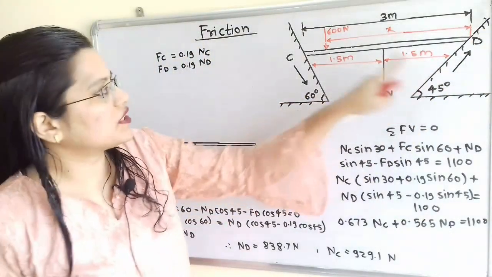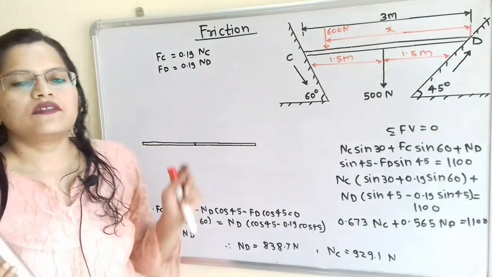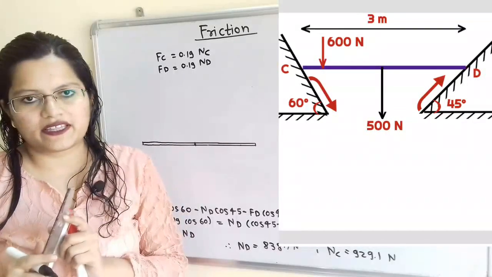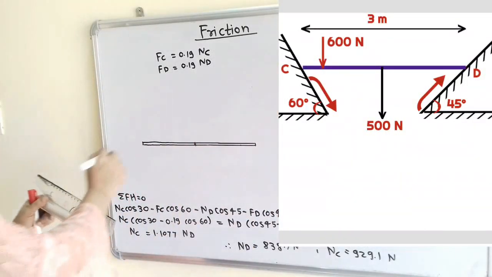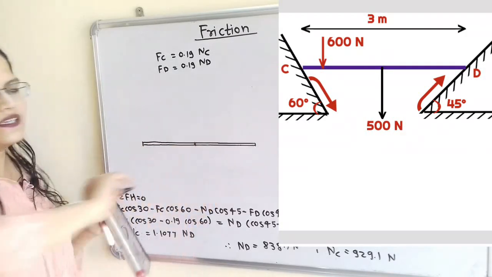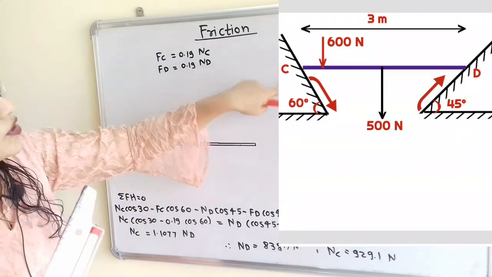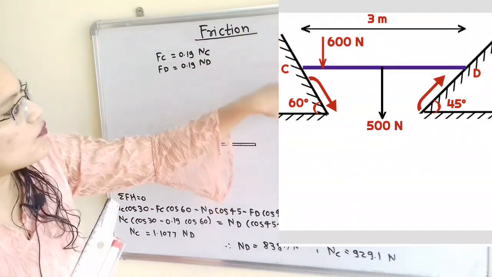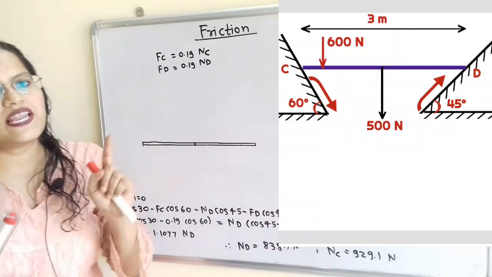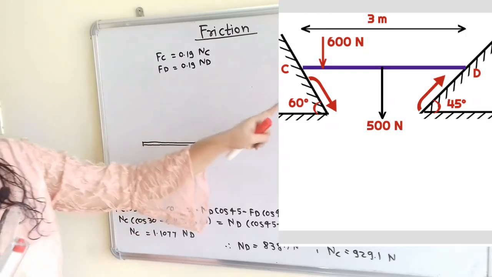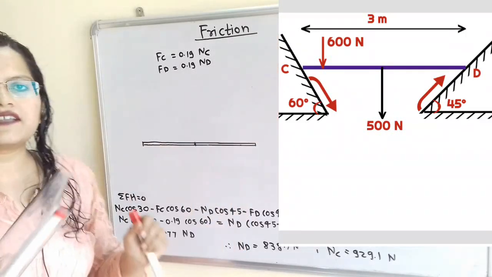Now this is the motion, and this is the load placed at a distance x from point D. Then we have to draw the free body diagram. We will first take the bar CD. Here is the NC. We first consider the motion taking place in the downward direction at point C. There is the frictional force which will act in the opposite direction of the motion, parallel to the inclined surface.